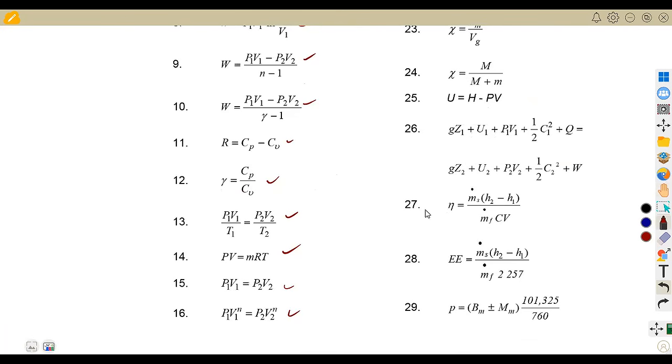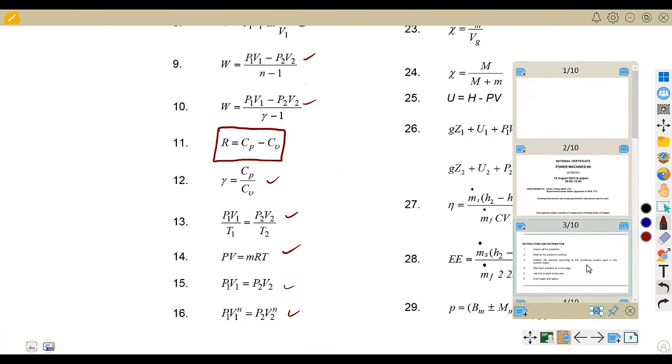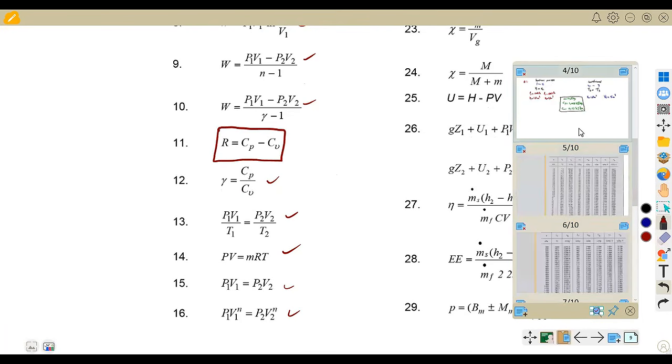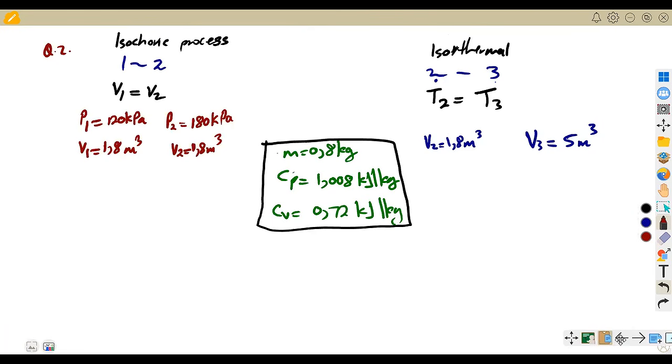All right. So if you are to check here, we are given that R is equal to Cp minus Cv. Meaning to say we are going to use the specific heat capacity at constant pressure minus that at constant volume in this case. So let us have our information here. That was question 2.1.